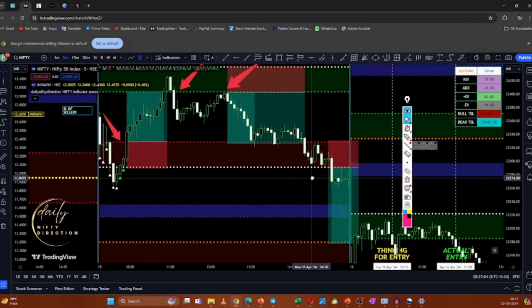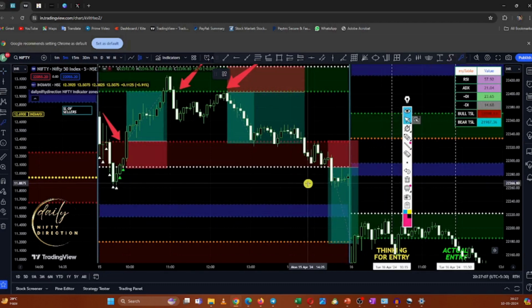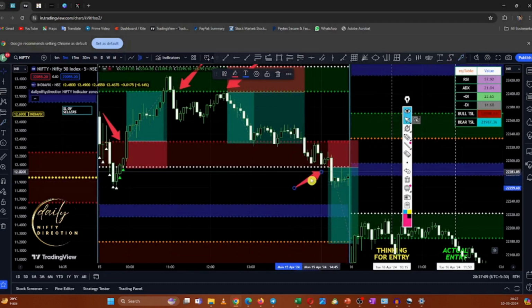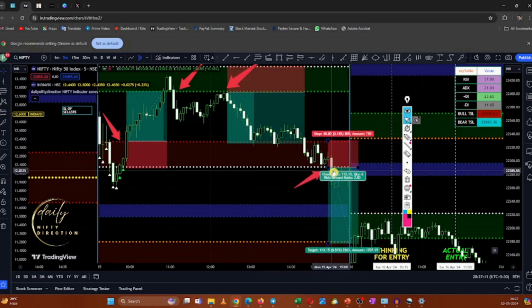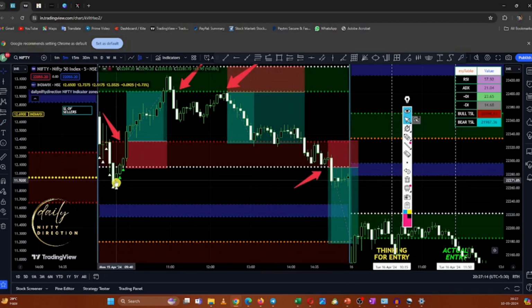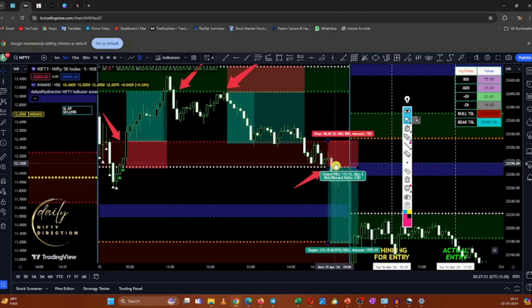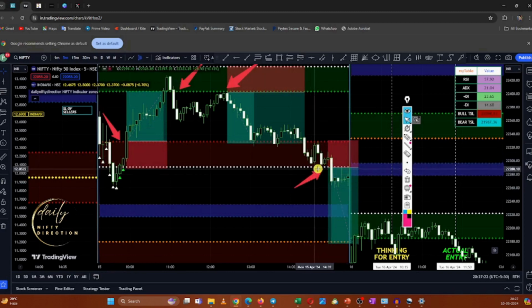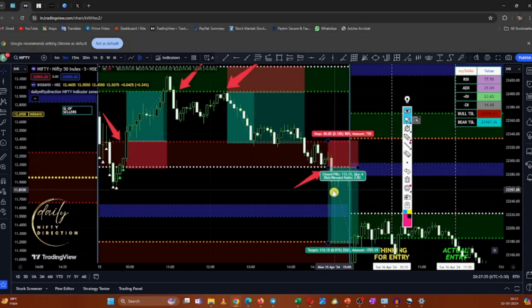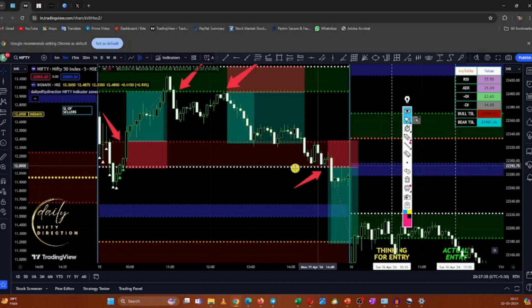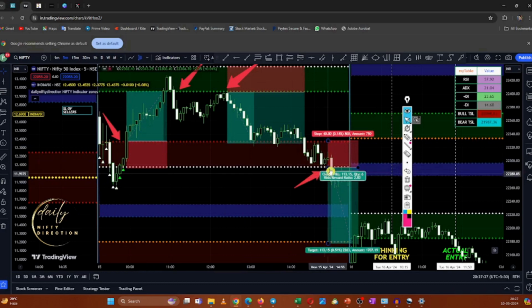You might have one doubt here, that why did I take entry on this candle, because this zone was broken in the morning itself, and it was breaking down in the last hour, and since it has broken earlier, I have taken this running trade.